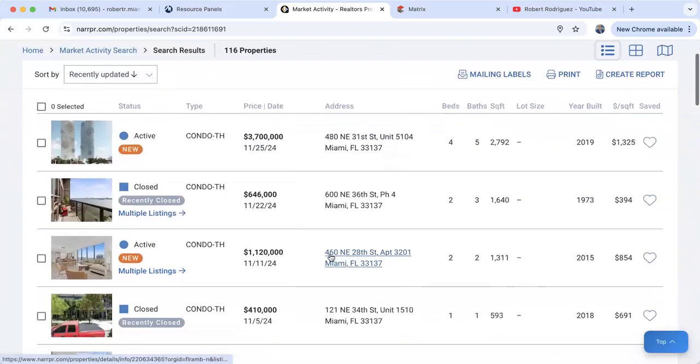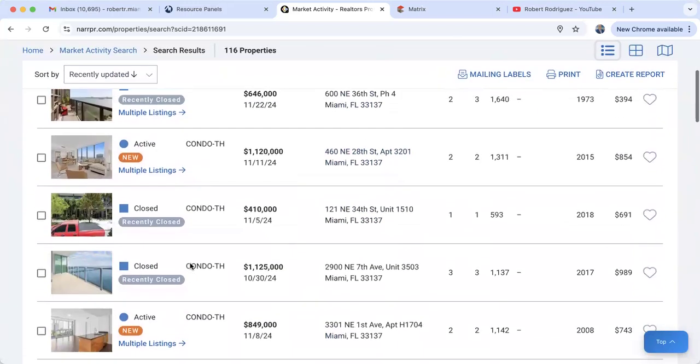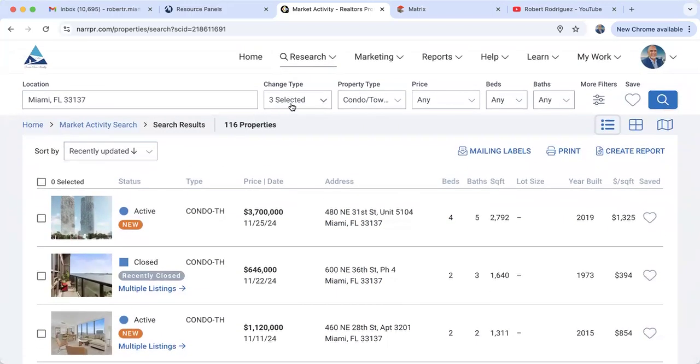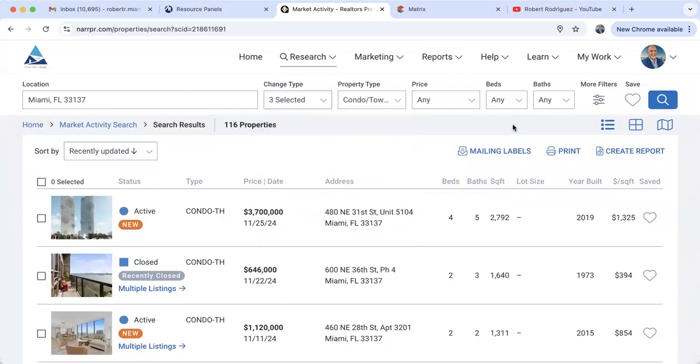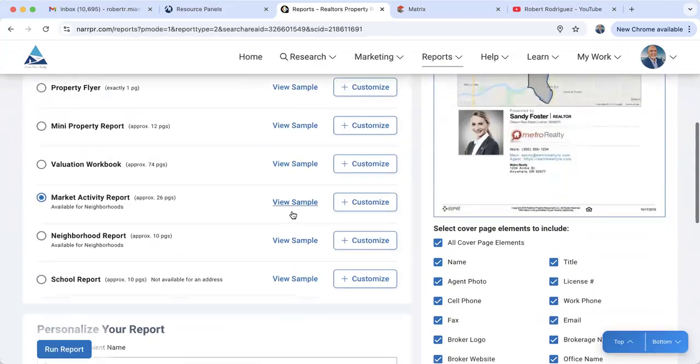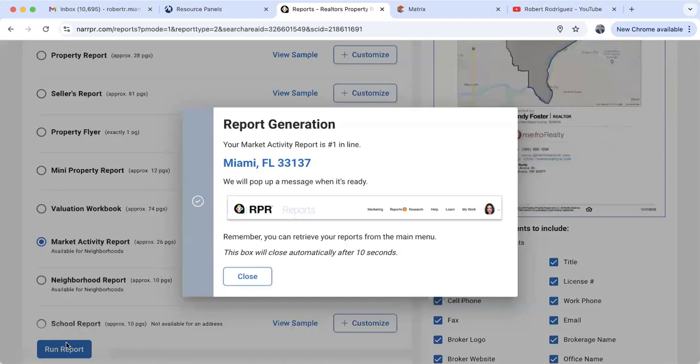All the active listings, all the closed listings, all the pending listings, whatever we ask for in our change type. Then you can always go here and click on create a report, and you can create what's called a market activity report. You click on run report and your market activity report is going to be ready in just a few seconds.